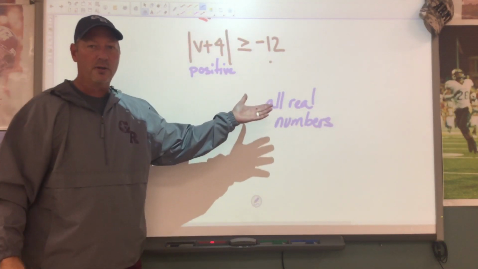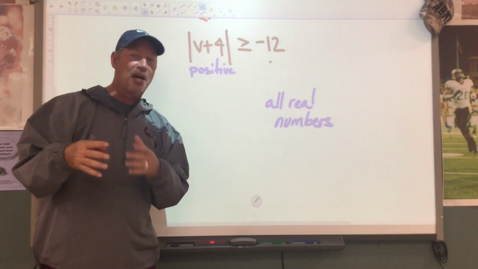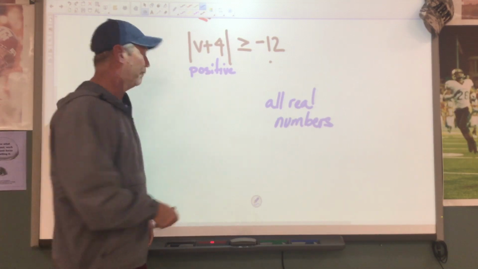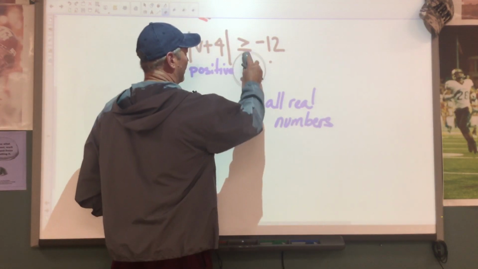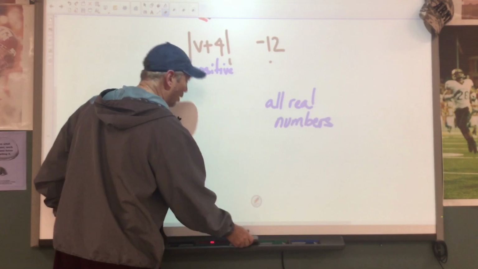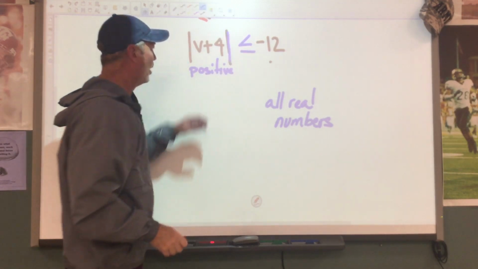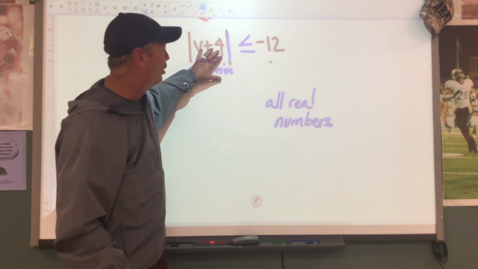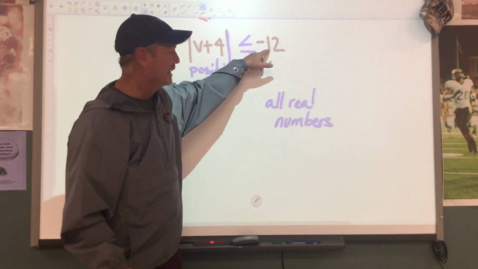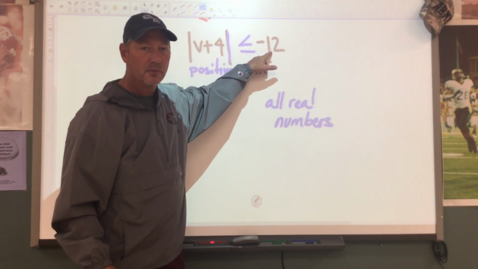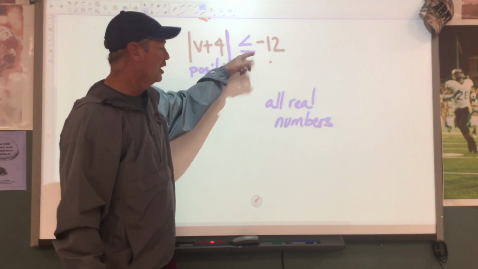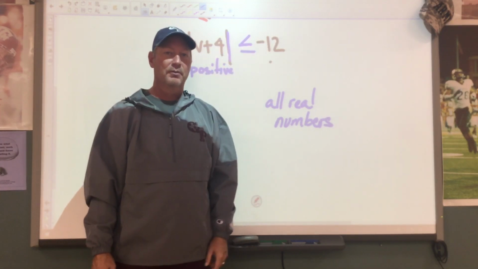That's how this would work. Now, I know this is not on the review sheet, but I'm going to give you a what if. What if this was less than or equal to? Is it possible for a positive number to be smaller or less than a negative number? No. In this situation, you would tell me no solution.